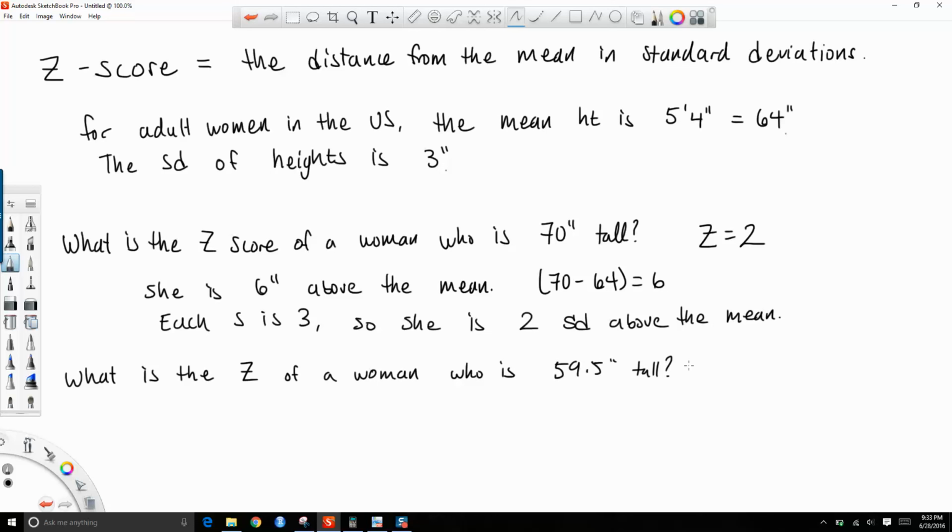Anybody? Yeah. Negative 1.5? Negative 1.5, exactly. So her Z-score is negative 1.5.